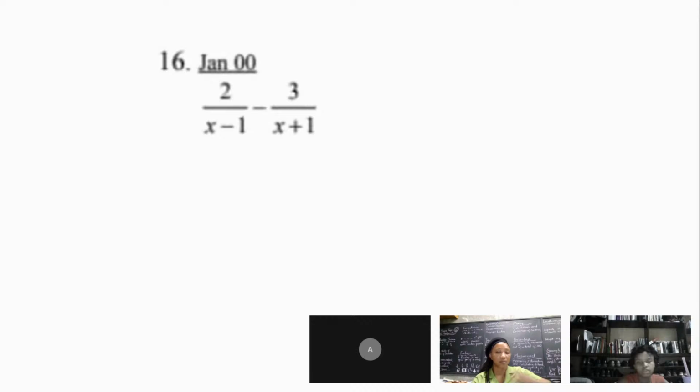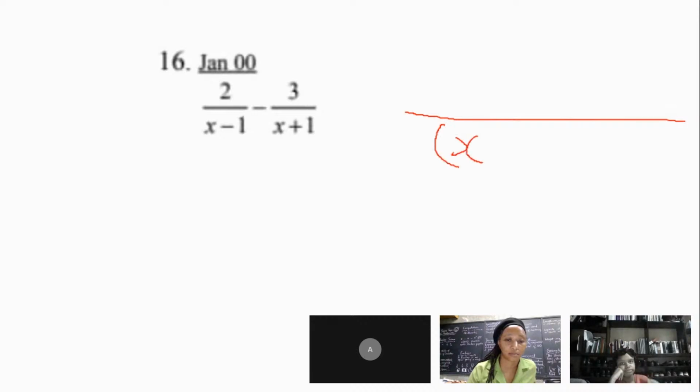Miss, to find the LCM it should be x minus 1 and x plus 1. That's the LCM. All right, so what do we do from here?